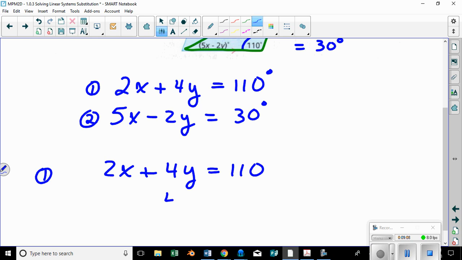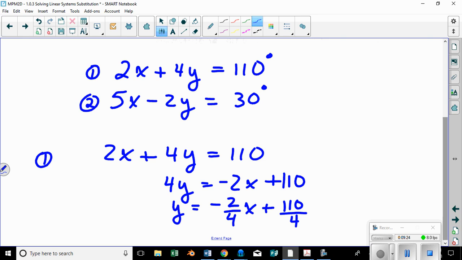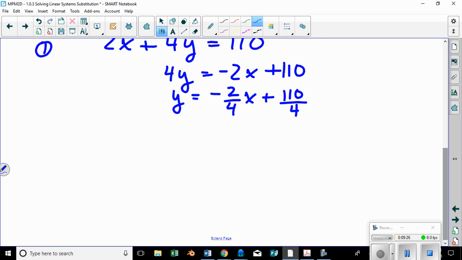So we would get 4y is equal to negative 2x plus 110. Oops. And dividing everything by 4 gives us this statement here. And we can simplify those fractions, which would give us that.